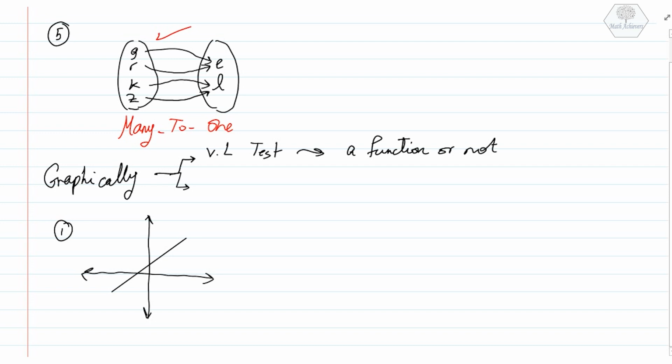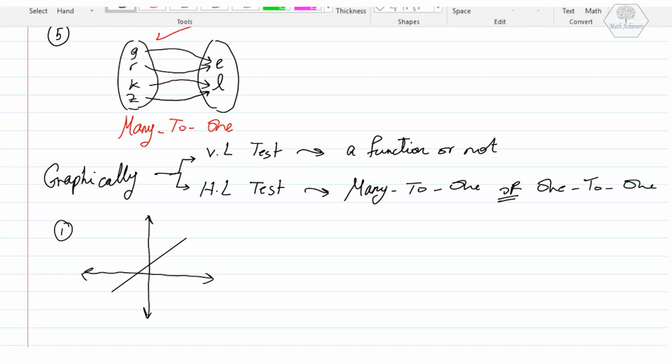After knowing if it's a function, we have a horizontal line test. It tests if a function is many-to-one or one-to-one. So let's see this function.